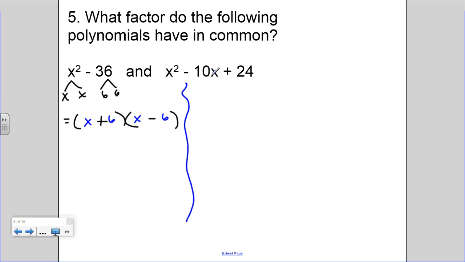On the other polynomial, it's a trinomial, so we're going to use either the x or slide and divide. A equals 1, b equals negative 10, c equals 24.